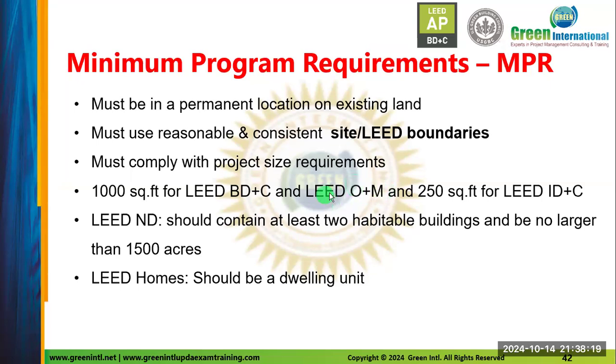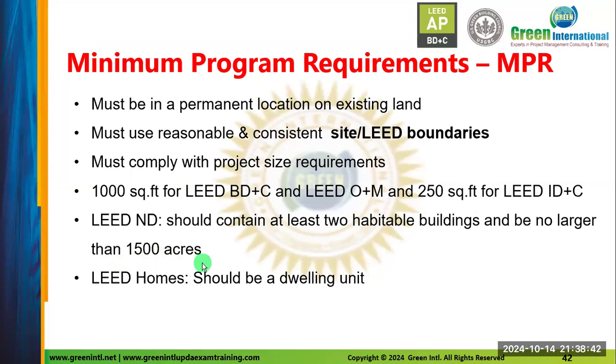Next, 250 square foot for LEED ID+C, like a small, big room. Okay, a big room, so it's normal and no issue at all. LEED ND should contain at least 2 habitable buildings and be no larger than 1,500 acres.